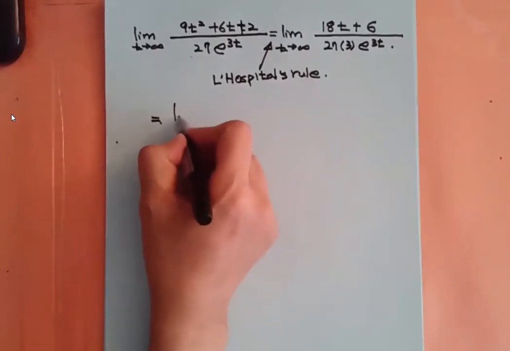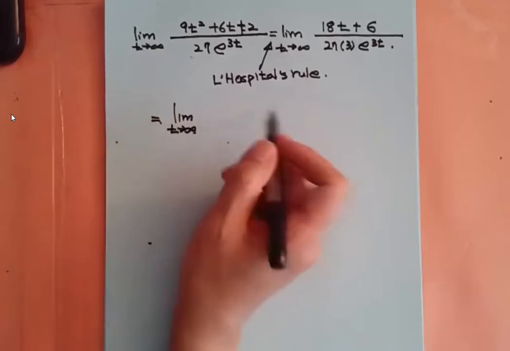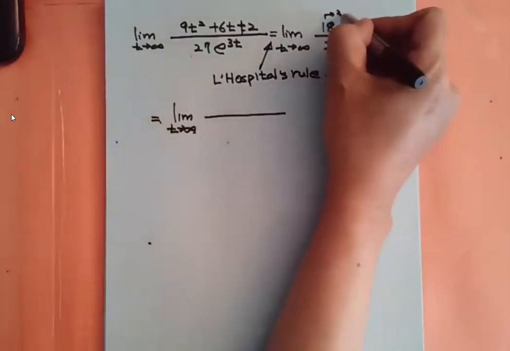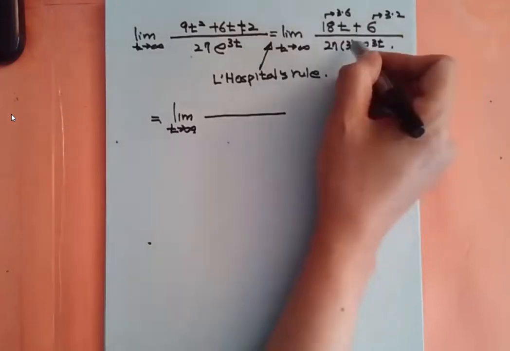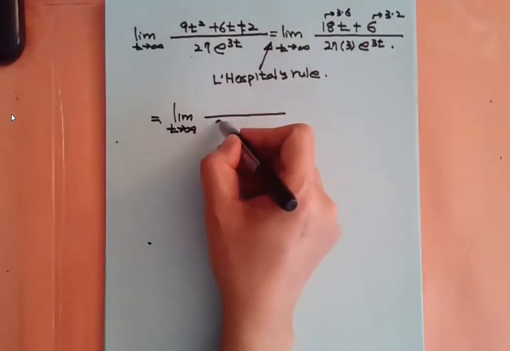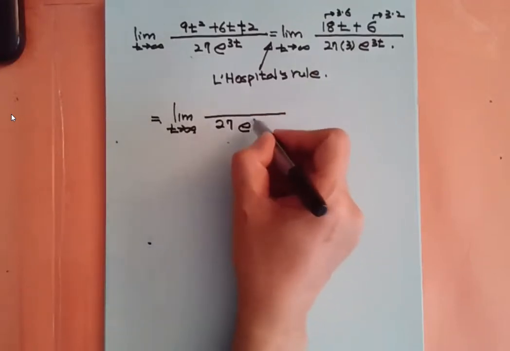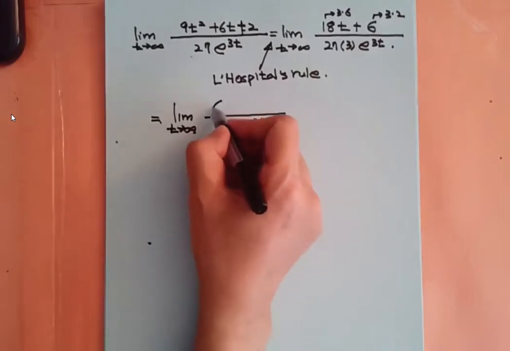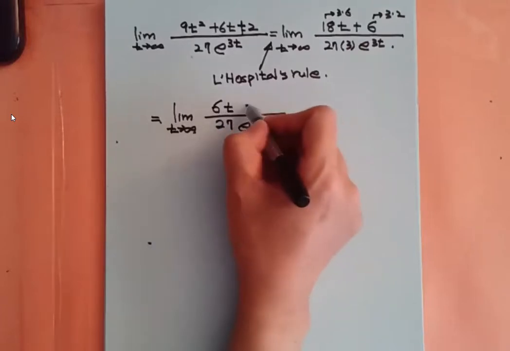And then we have to reduce this a little bit because this is 3 times 6 and this is 3 times 2, and 3's are the common factor. 27 e to the 3t, when we reduce and simplify, that becomes 6t plus 2.